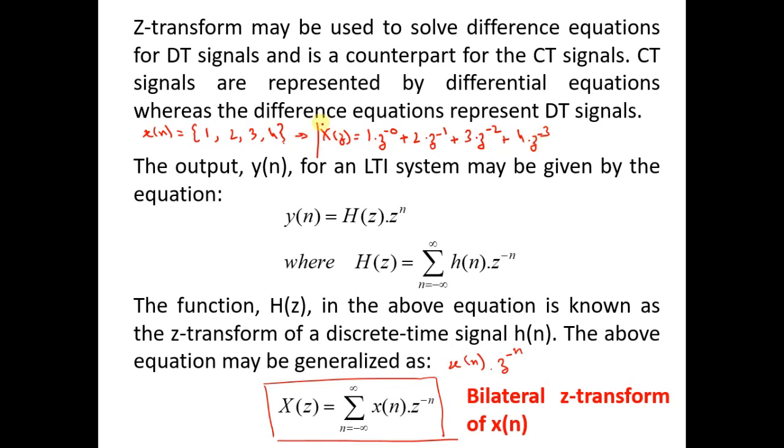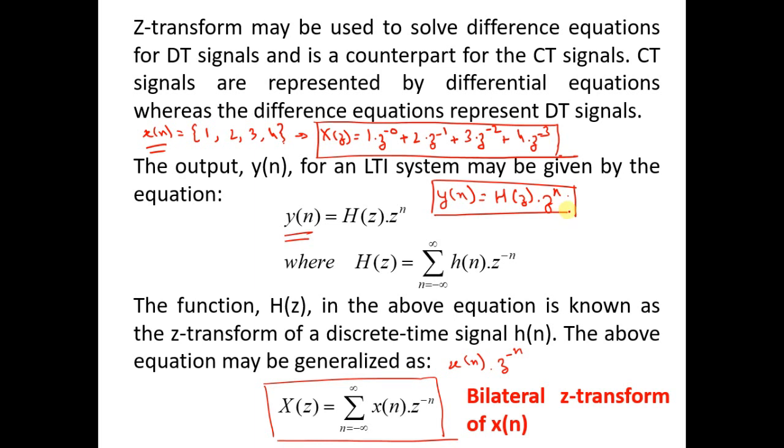So see how conveniently I have converted x of n into a complex plane X of z, which allows us to analyze digital filters. Okay. Similarly, if you want to find y of n, how can you find it? Y of n is equal to H of z multiplied by z to the power n. Okay.